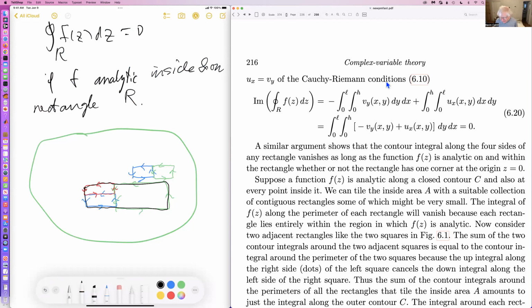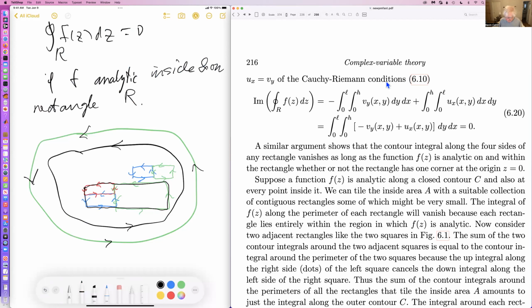And as we add more rectangles of appropriate size, everything cancels on the inside except for the integral around this loop, or equivalently, we pick any contour inside, we can arrange that everything vanishes.